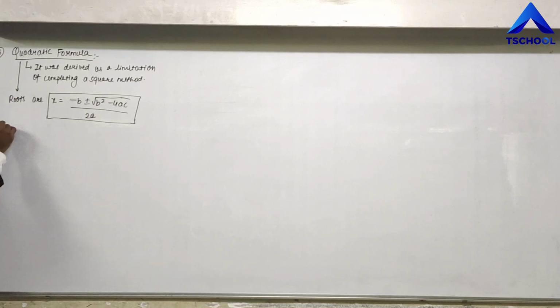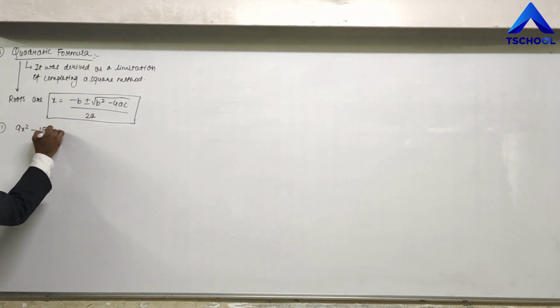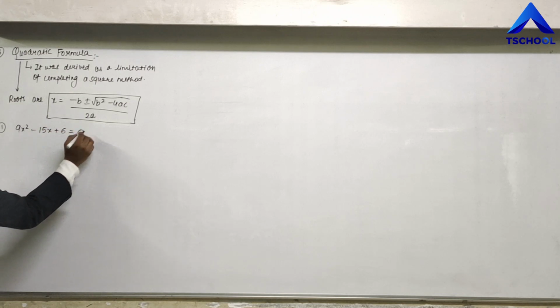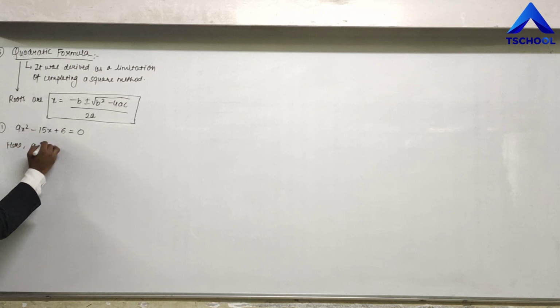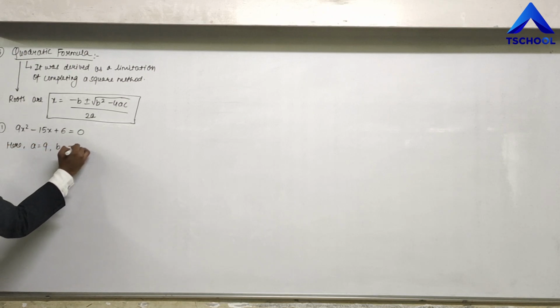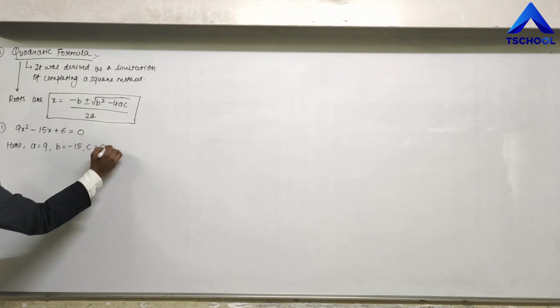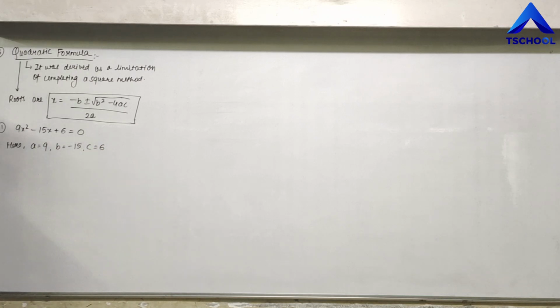Let us take for example the example that we have solved in the previous one, that is 9x square minus 15x plus 6 equal to 0. Let us try to solve it. So first of all, you are going to take out the coefficients here. a equals 9, b equals minus 15, and c equals 6, right?